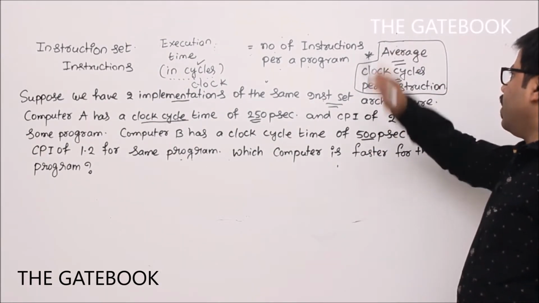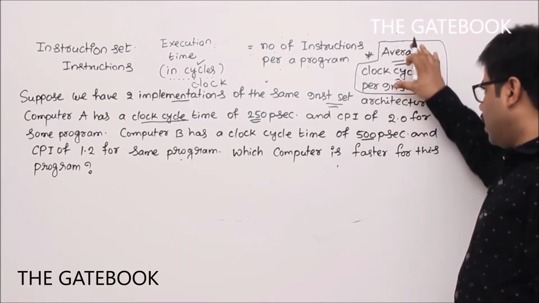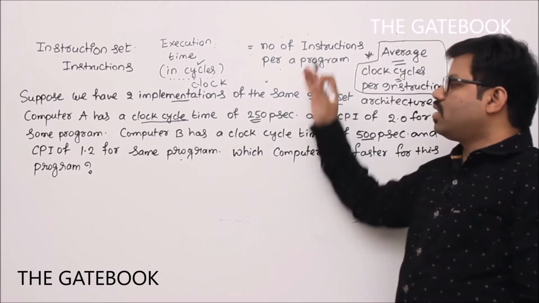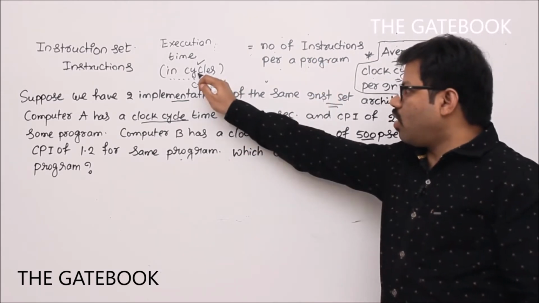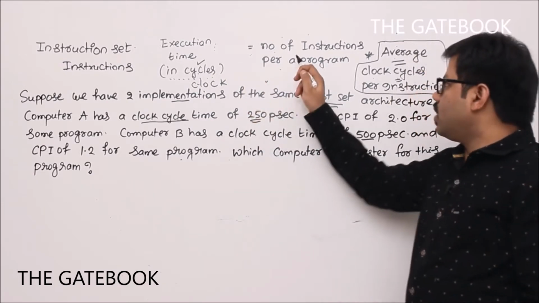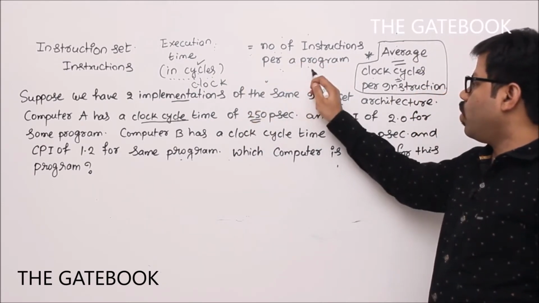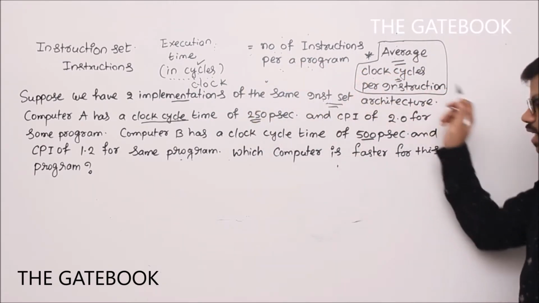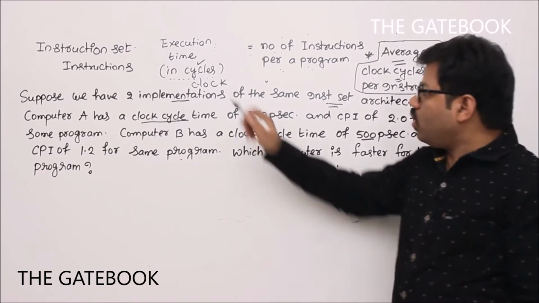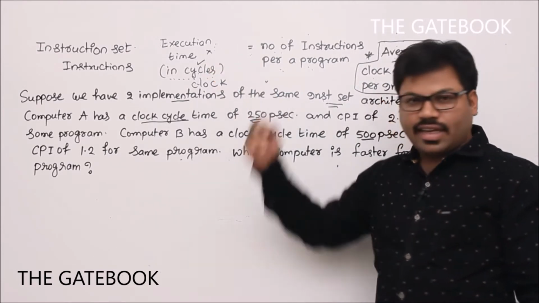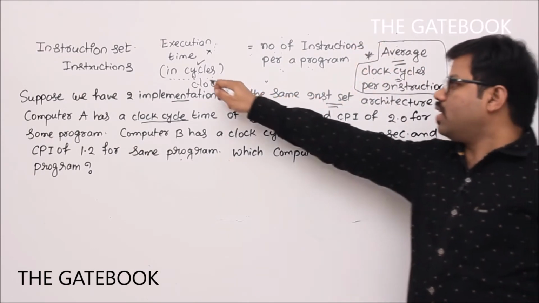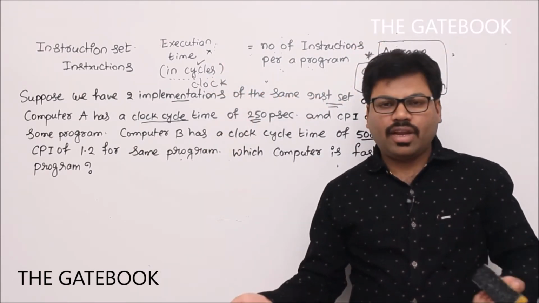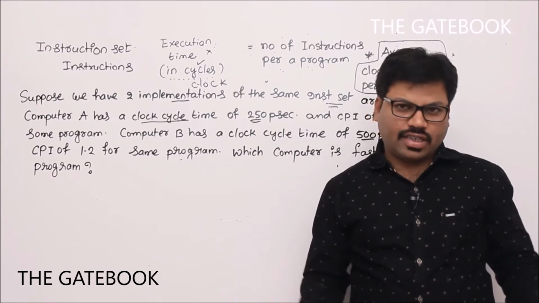Assume you are given the average clock cycles per instruction and number of instructions, and you want the execution time of a program in clock cycles: the answer is number of instructions per program times average clock cycles per instruction. If you want the execution time in seconds, then multiply this by the clock cycle time, because you get the answer in cycles, correct?